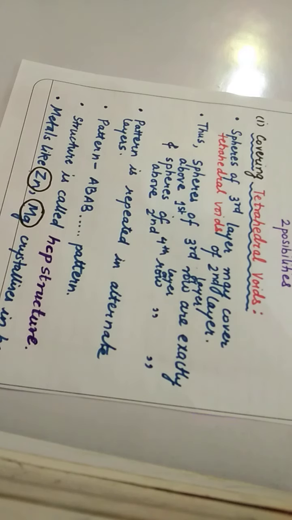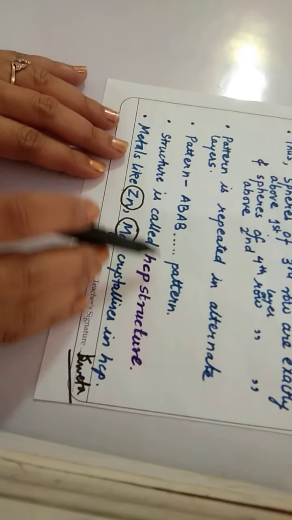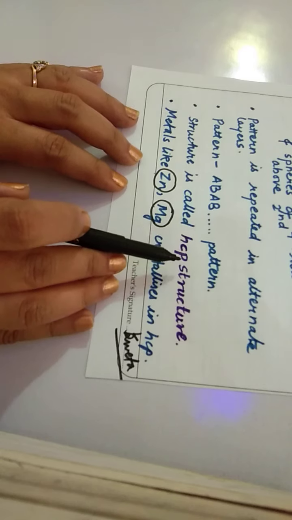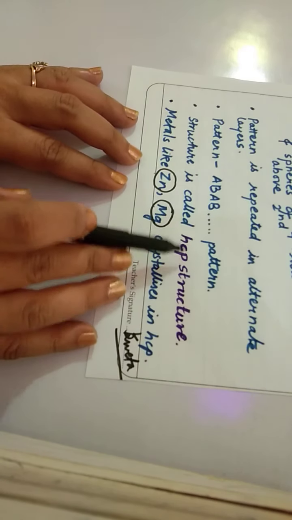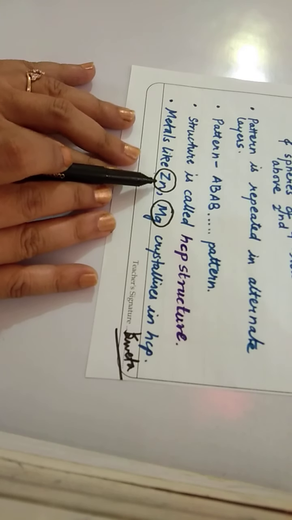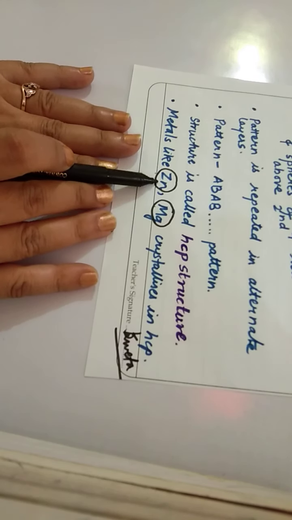If I call them A, then the second has a different arrangement of spheres, B. The fourth is exactly the same as the second, so the fourth is also B. So the pattern we are getting is AB, and the structure you will get is hexagonal close packed structure. Examples of metals showing this kind of structure are zinc and magnesium.